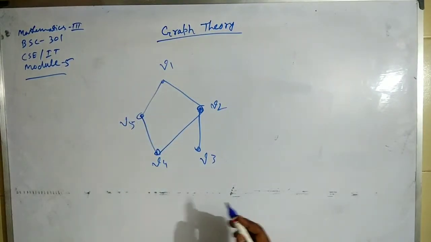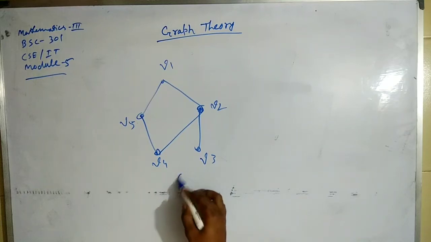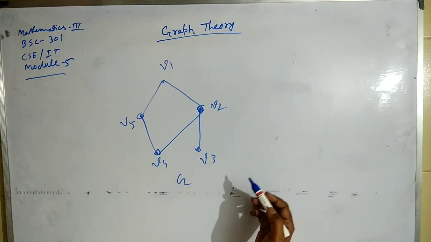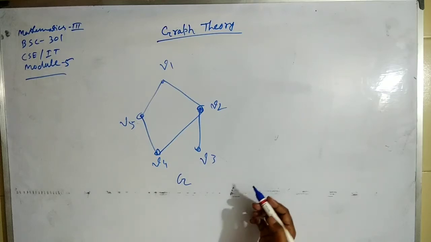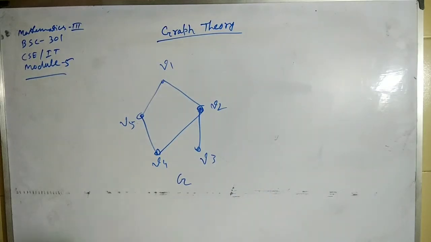There are 5 vertices and 1, 2, 3, 4, 5 edges. The name of this graph is G. Now, what happens if we delete a vertex? Suppose we want to delete V2 from this graph G.